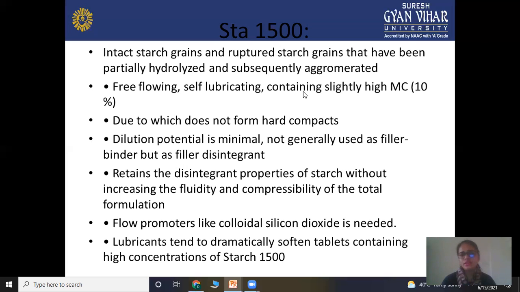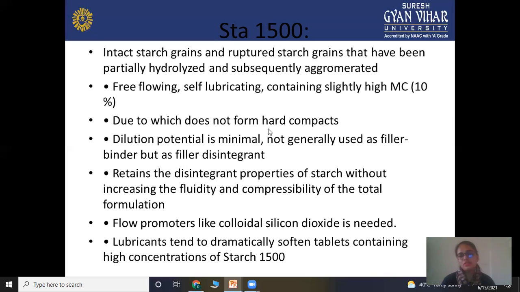Star 1500 is more stable than normal starch, has good flow property compared to normal starch, as well as self-lubricating property, and a slightly high moisture content of approximately 10%, due to which it does not form any hard compact.